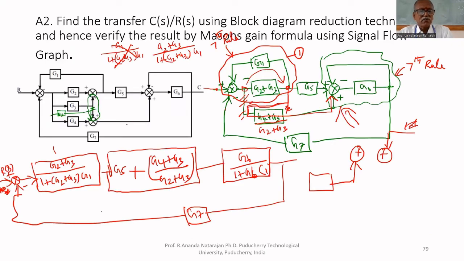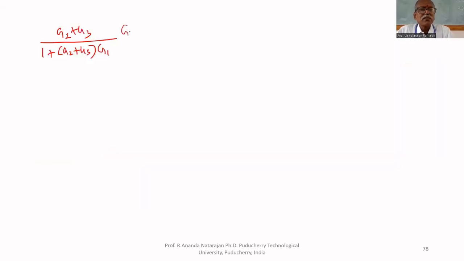Okay, no problem. G5, if you take LCM, what you will get? G5 multiplied by G2 plus G3, plus G3 plus G4, whole divided by G2 plus G3.